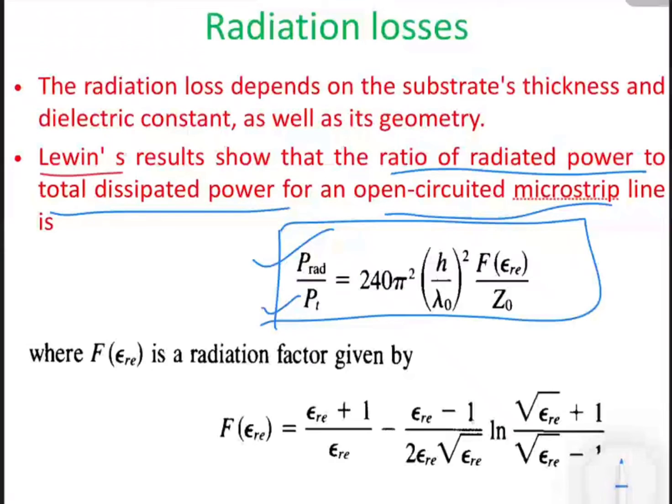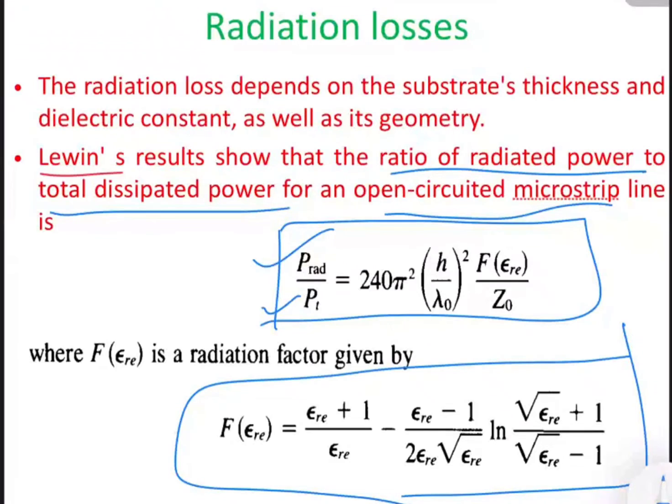And the radiation factor is found by the equation F epsilon RE equal to (epsilon RE plus 1) divided by epsilon RE, minus (epsilon RE minus 1) squared divided by twice epsilon RE into root of epsilon RE, times ln of (root of epsilon RE plus 1) divided by (root of epsilon RE minus 1).